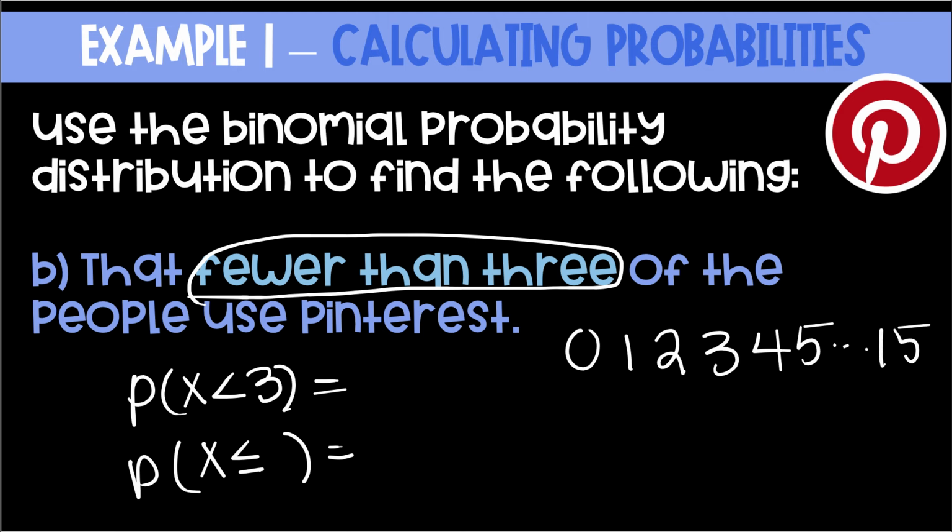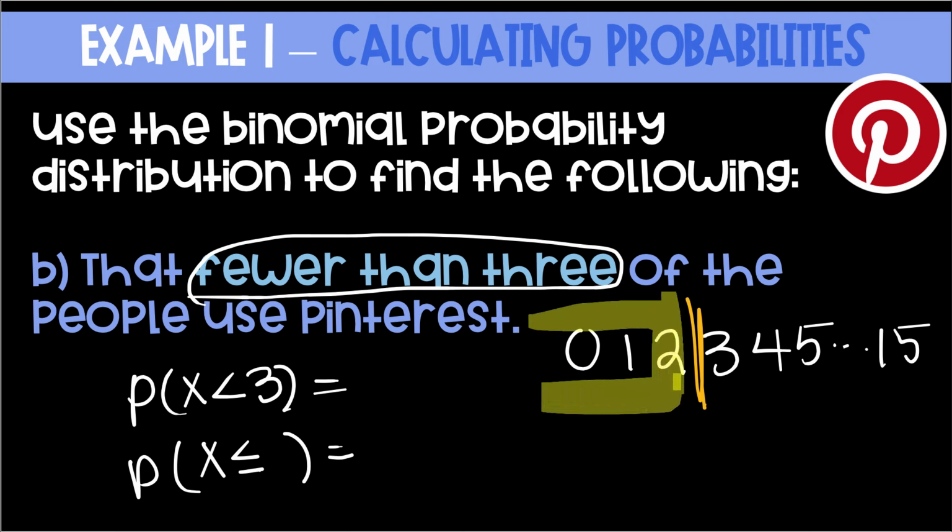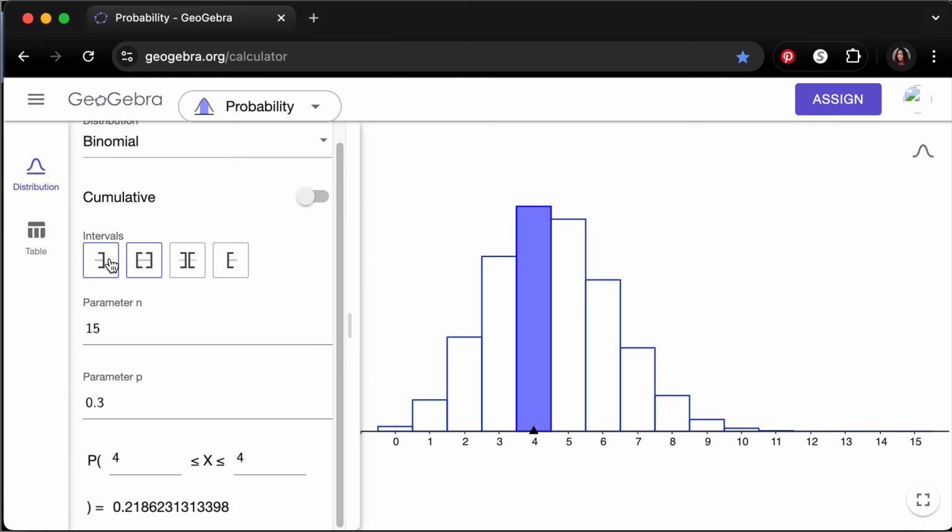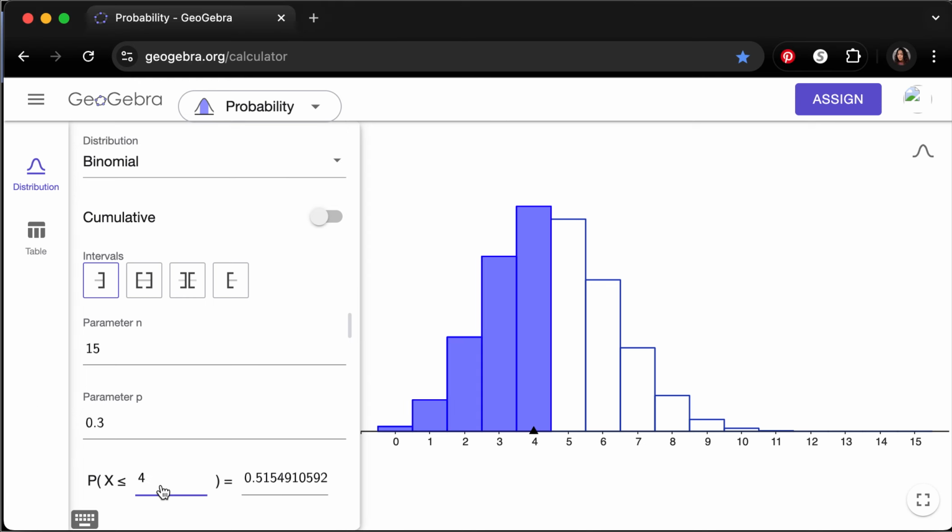I want to make my cut over here, which means I want at most 2. 2 or less. x is less than or equal to 2. This is the x value we're going to be putting in our GeoGebra calculator to find the probability. I'm going to click here, and I want x is less than or equal to 2. That's my probability, 12.68%.